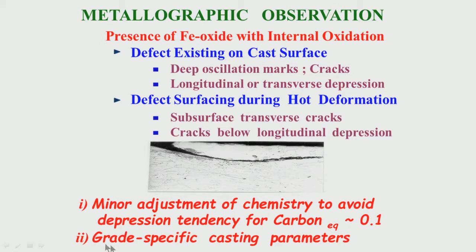First is this chemistry adjustment, another of course is grade specific casting parameters. We know this is a depression grade, so we know that heat transfer is an issue. So, accordingly we have to select our casting parameters. The characteristics of the casting parameters should be such that the heat transfer is suitable.